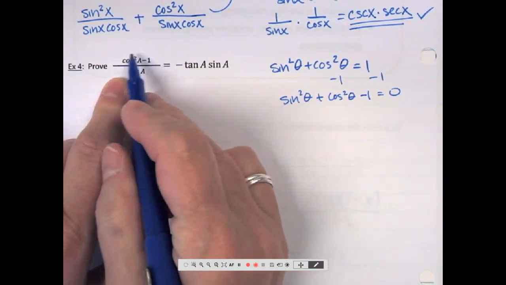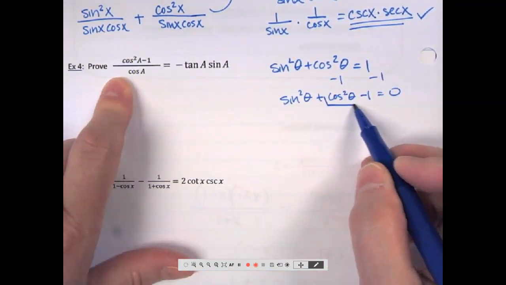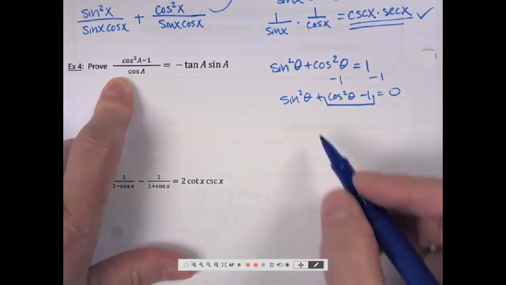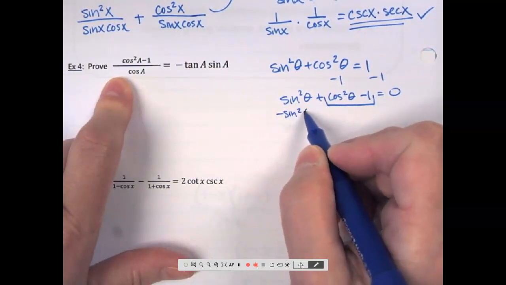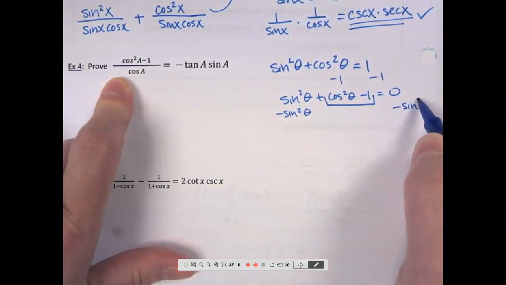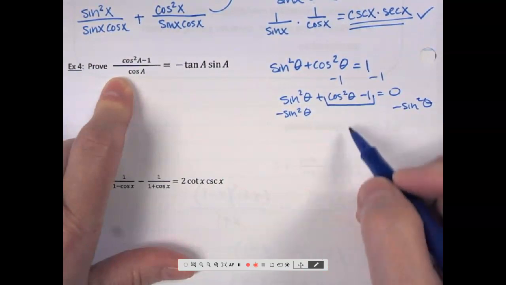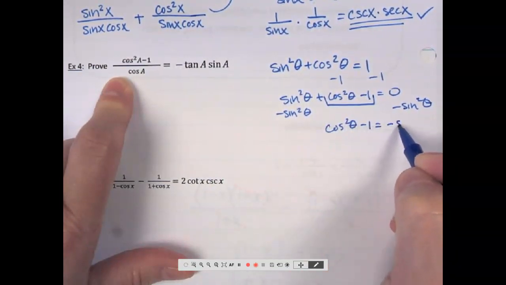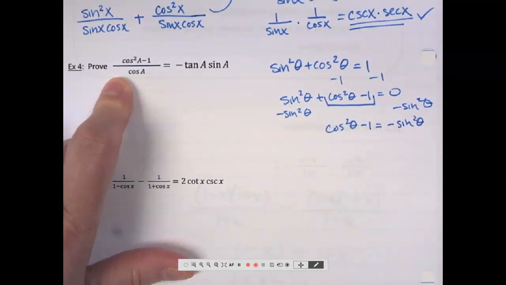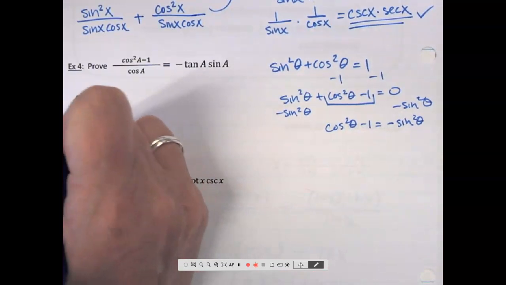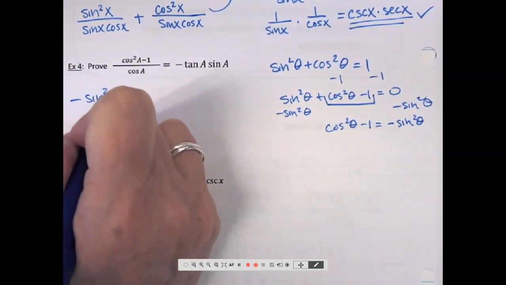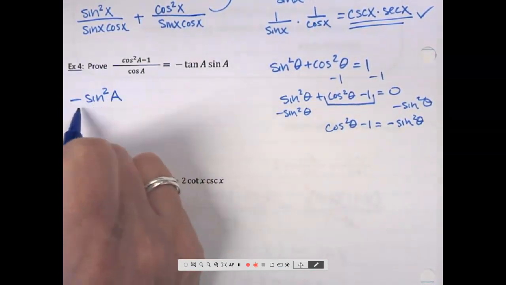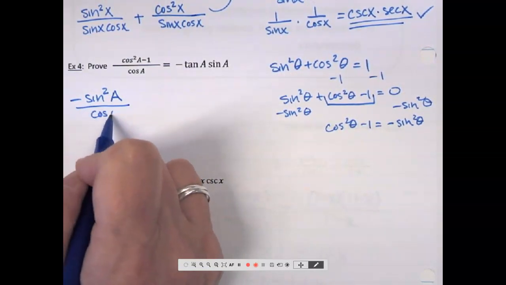Well, I want cosine squared minus 1 by itself. So I'm going to subtract sine squared. And that gives me cosine squared minus 1 is negative sine squared.